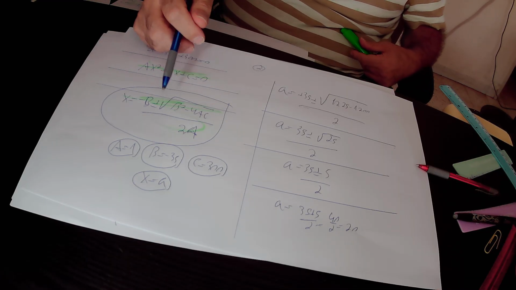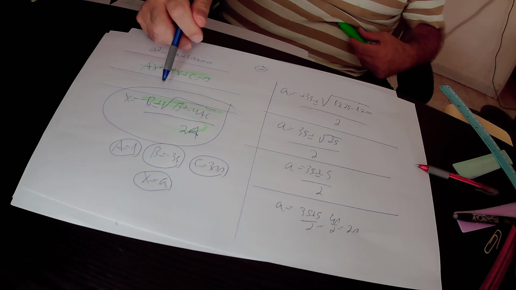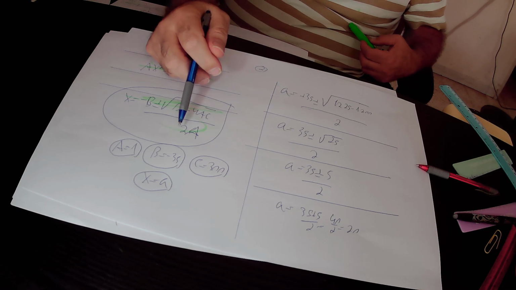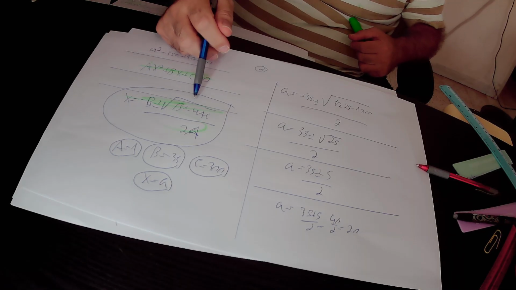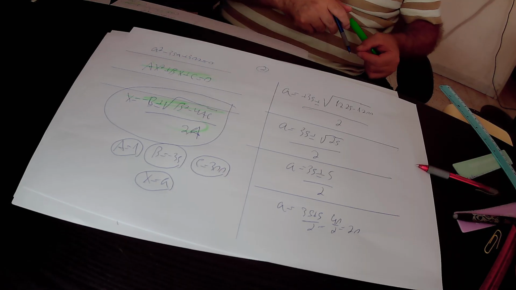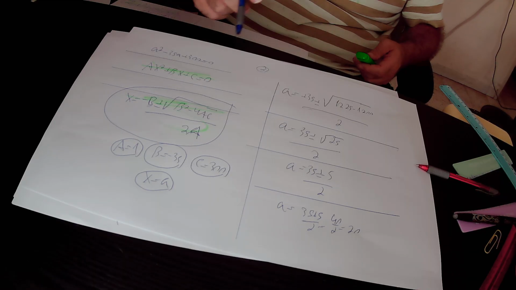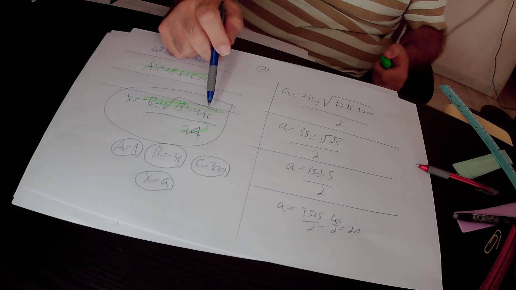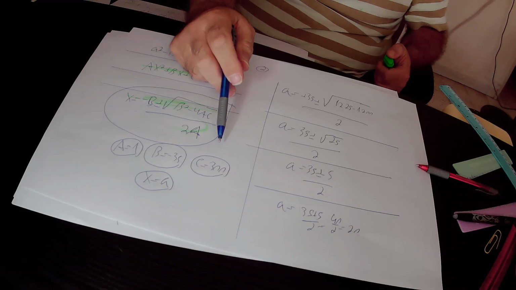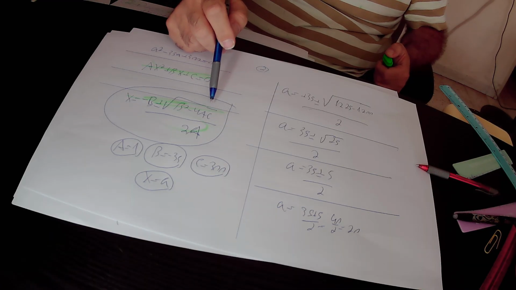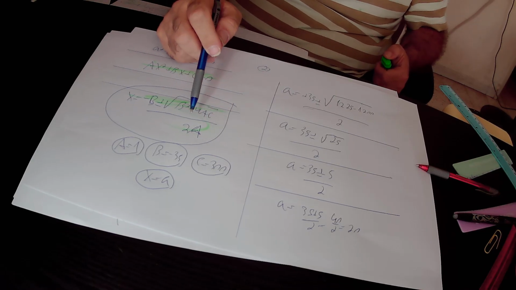So a equals minus b. b is minus 35, therefore minus b is plus 35, plus or minus the square root of b squared. b squared is 35 squared, that is 1225, minus 4 times a times c. a is 1 and c is 300, so minus 4 times 300 is minus 1200, over 2a. a is 1, so 2a is 2.